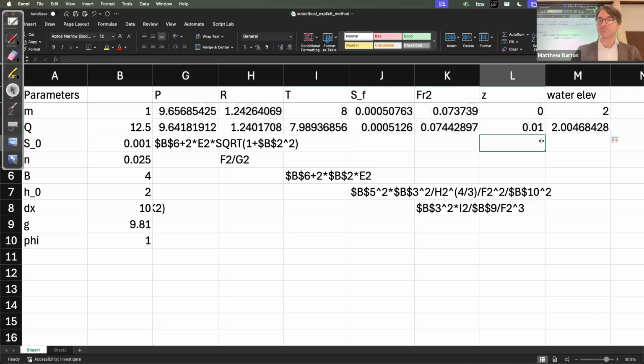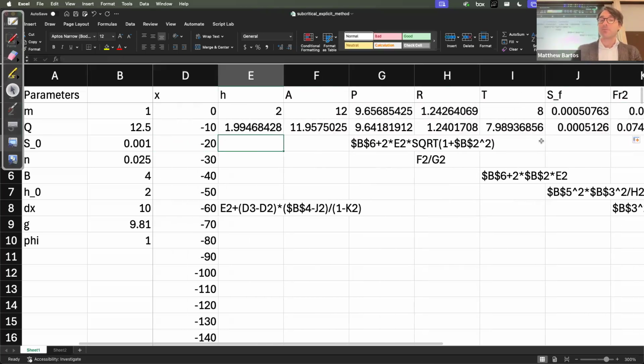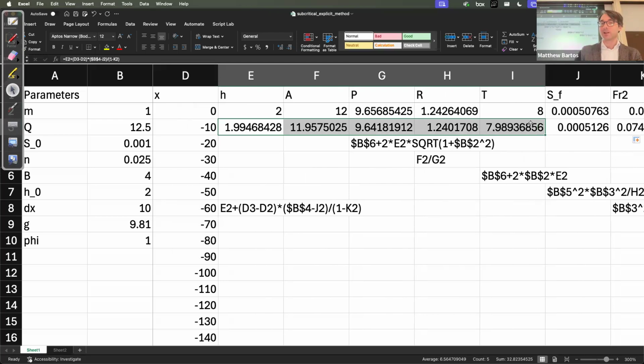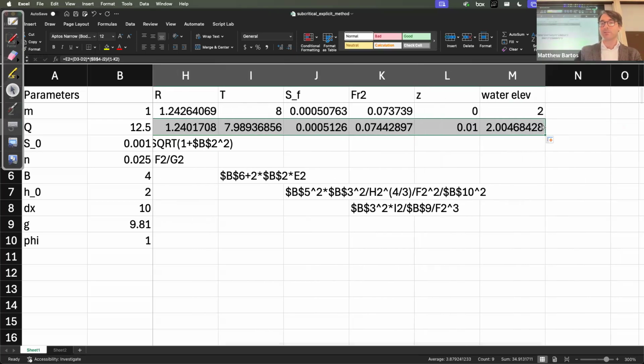And it looks like it worked. So now that we have that, we can just drag this entire row down and our formula should work out. So I'm going to take all of the columns from E to M, as in mountain. I'm going to drag them down.